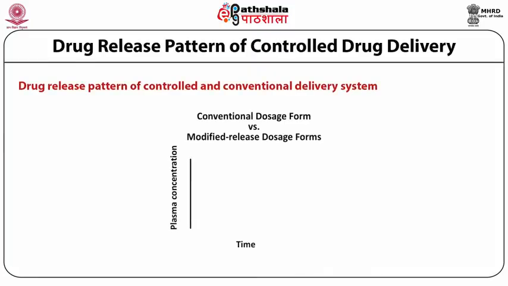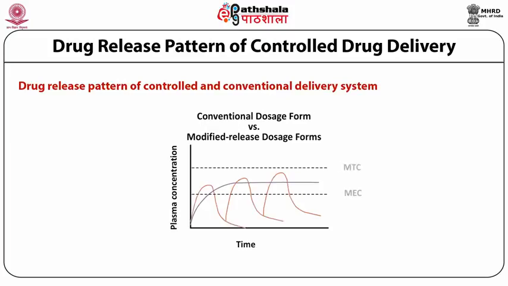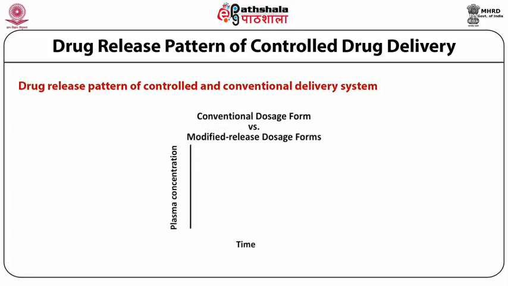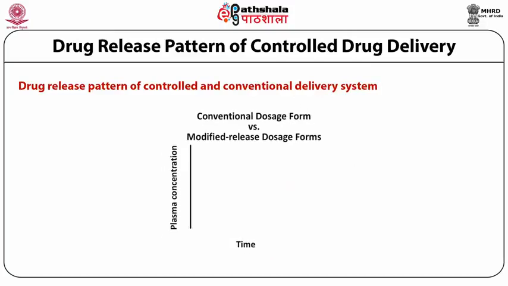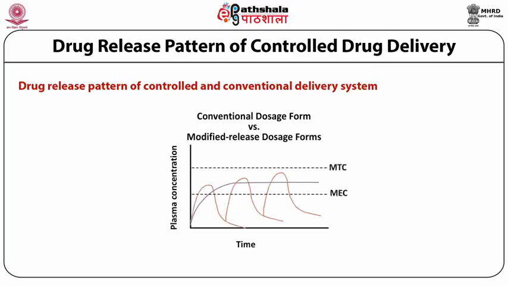My dear students, the figure in front of you is just a depiction of the drug release pattern of a controlled drug delivery system and a conventional drug delivery system. You have the plasma drug concentration on the y-axis, while on the x-axis you have the time component. The dotted lines primarily, the lower one shows the minimum effective concentration, while the top one shows the maximum toxicity concentration.